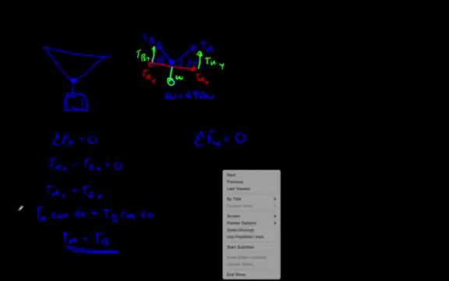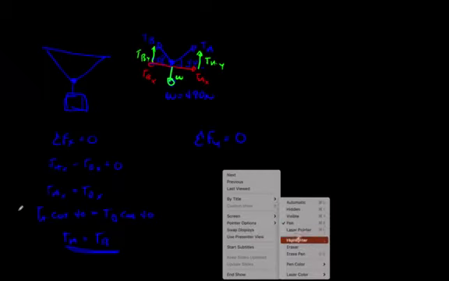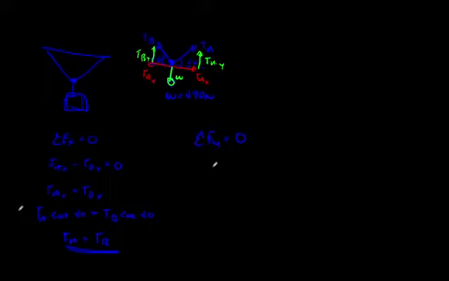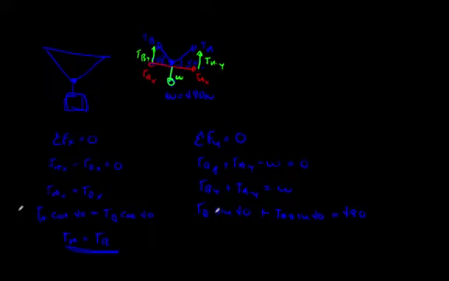So tension By plus tension Ay minus W has to be equal to 0, so tension By plus tension Ay has to be equal to W. Tension B sine 40 plus tension A sine 40 has to be equal to 490.